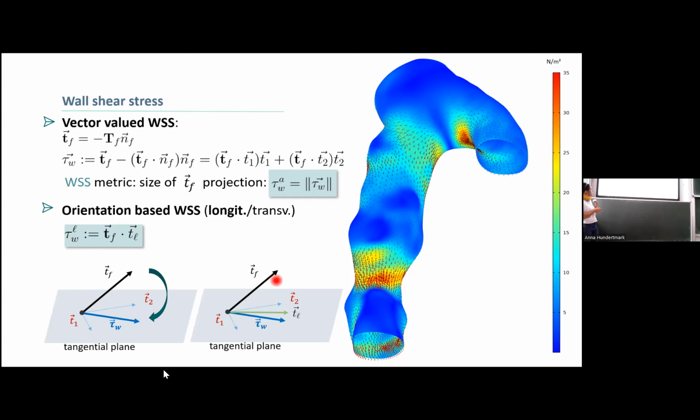So again, now we have the same situation. We have the tangential plane with basis vectors, and now we have a special vector T_L, which we call the longitudinal vector. This vector should be aligned with the main flow, or aligned with the artery. And now we project this T_F vector, this stress vector, at first in the tangential plane, and then write this in a different basis, in this longitudinal and transversal basis, in a different coordinate system.